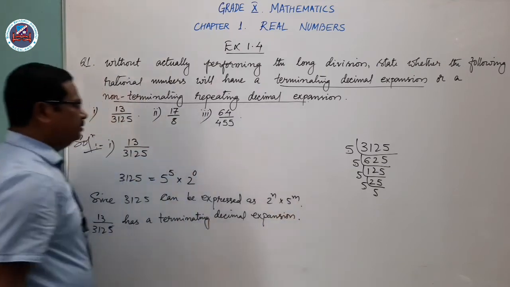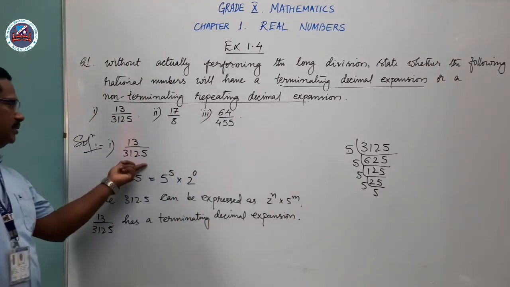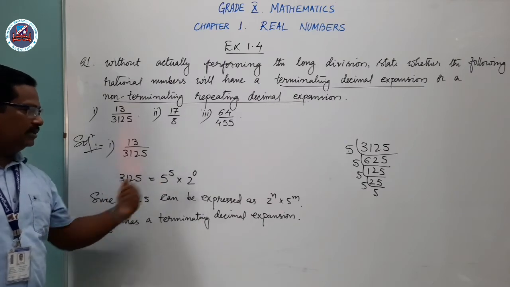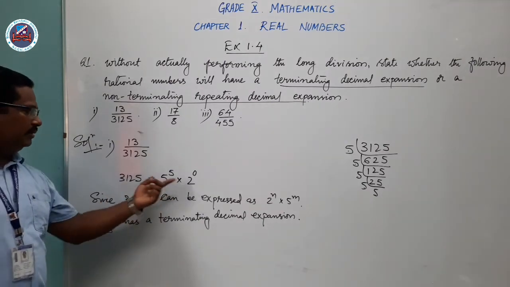This way you are going to solve it. You just have to check the denominator, the q term, whether you can write it as powers of 2 and 5 or not.